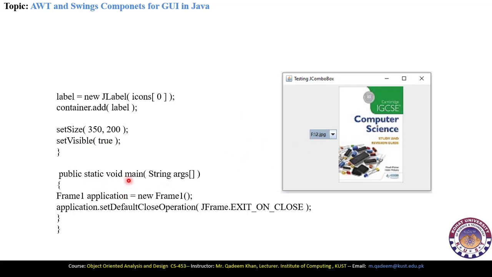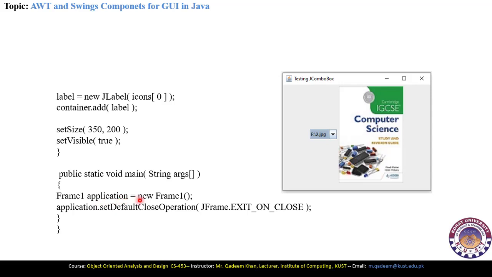Now here is the public static void main function. Yes, this is the main function, and in every Java program there must be at least one main function. Frame1 application = new Frame1. Here we have defined the object of the frame, and the object of the frame is application.